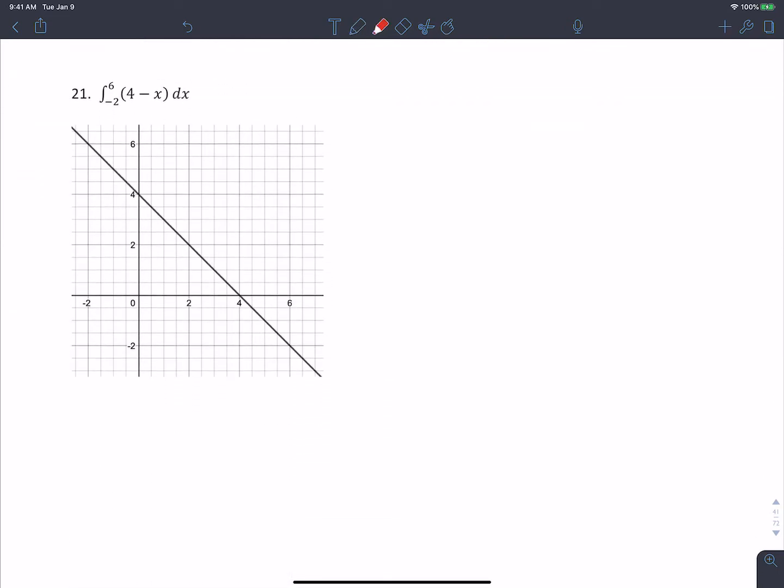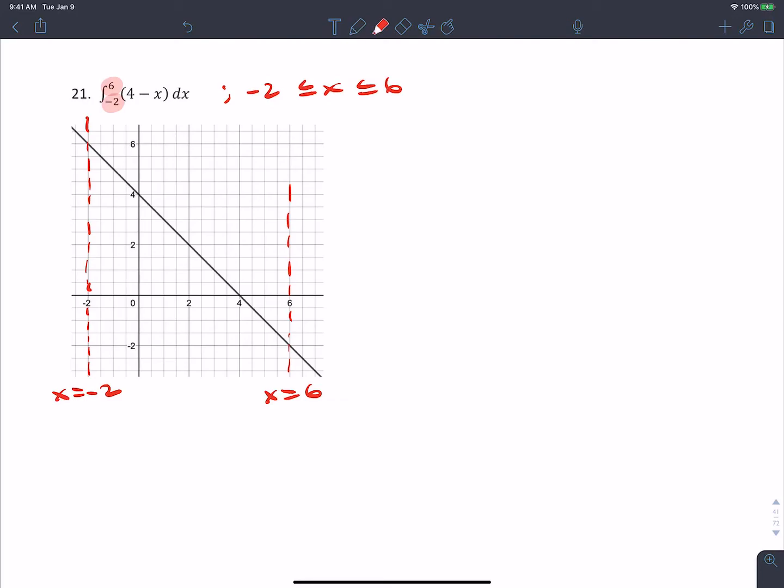Okay, let's see this one here. -2 and 6. So -2 would be over here, and then 6 is over here. Remember, we're looking at -2 less than or equal to x, less than or equal to positive 6.